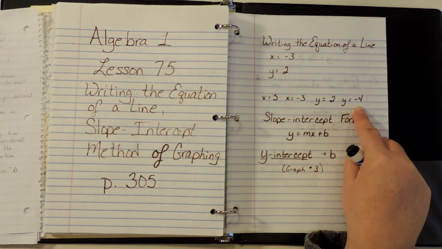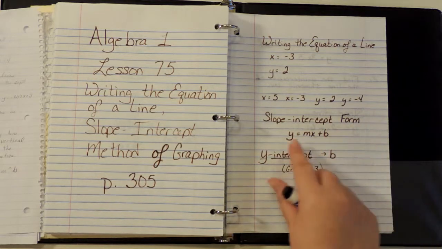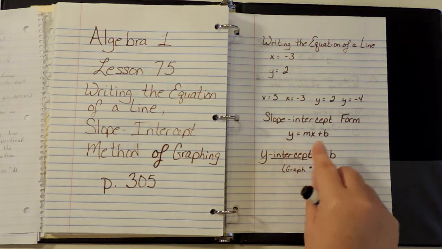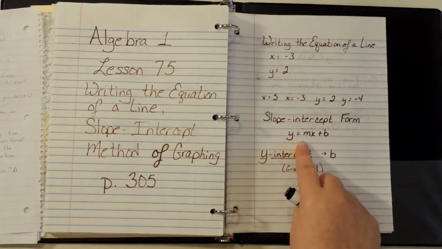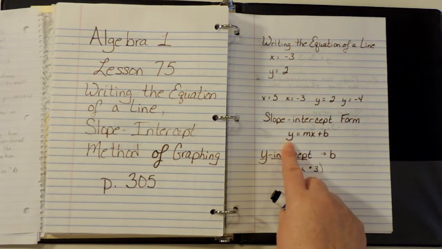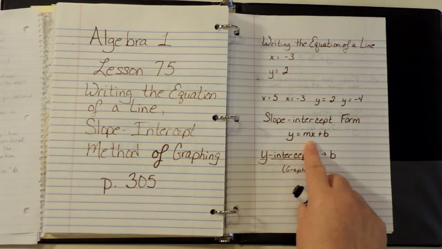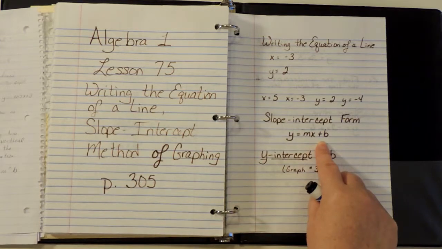Non-horizontal or vertical lines should be written in slope-intercept form. Slope-intercept form looks like this: y equals mx plus b, so the y is all alone and the rest of the numbers are here.